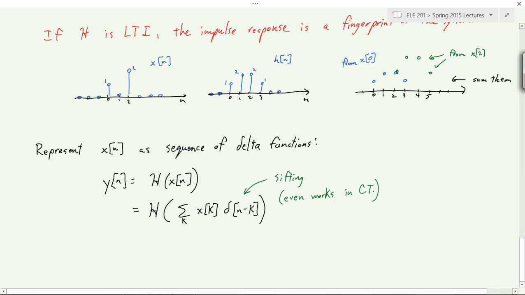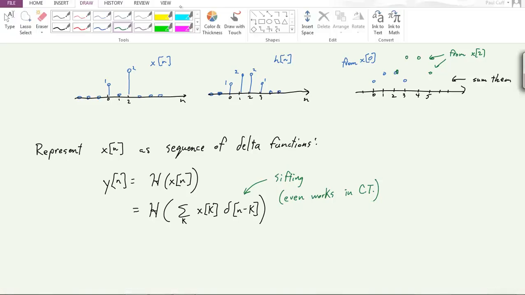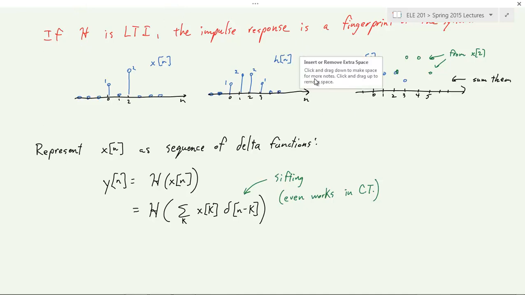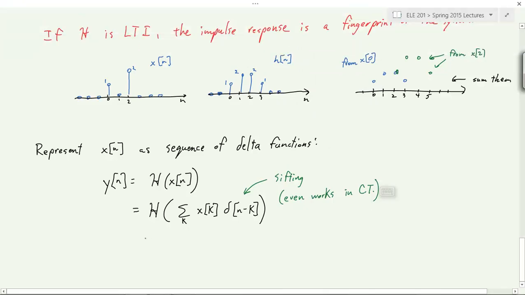It's easy to think of x of n as being a sum of delta functions, but this same argument holds for continuous time, that sum is an integral. And essentially, we're saying even a continuous time signal can be thought of as a bunch of delta functions in sequence, except that it's not just a sum of delta functions, it's an integral.